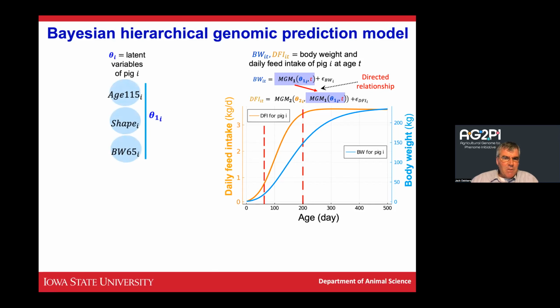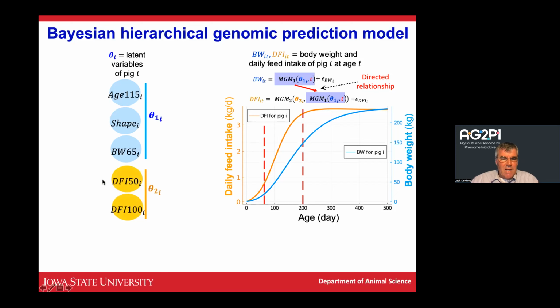So the latent variables we're using are age at 115 days, a shape parameter, which relates to the inflection point, and also body weight at 65 days of age. And we still have to do a lot of work to determine that these are the right latent variables, that they're not affected by G by E and by G by G. We're not at that stage yet.